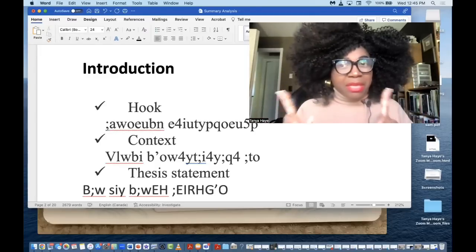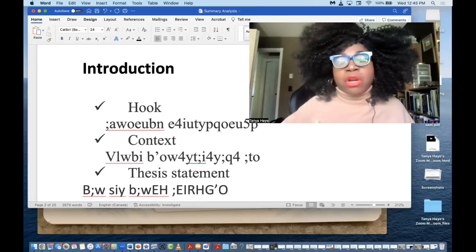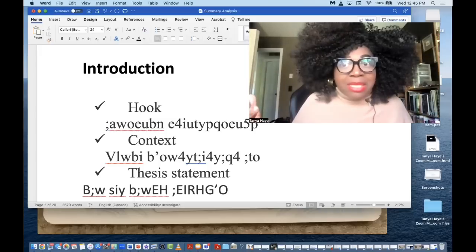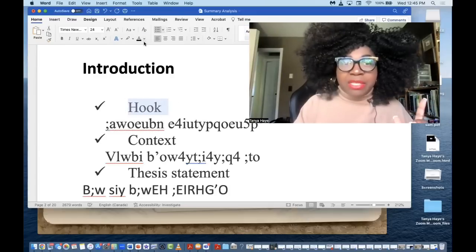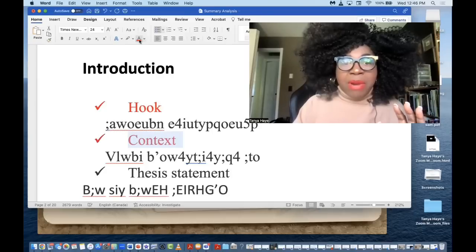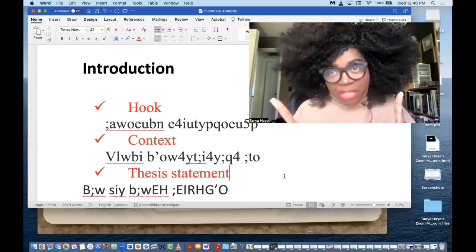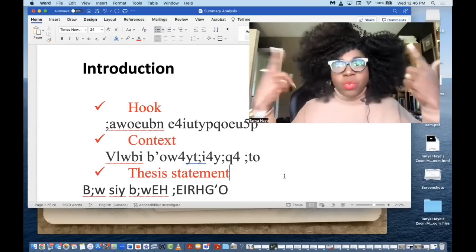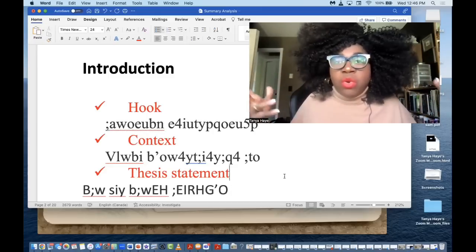Now, you remember I did a video some time ago talking about how to plan for communication essays. This is really necessary. When you do it like this, where you highlight the difference on your paper and you show what part is the hook, what part is the context, and what part is the thesis statement, you will be guaranteed greater success, because you will now know what it is you haven't done enough of, what you didn't do, what you missed.